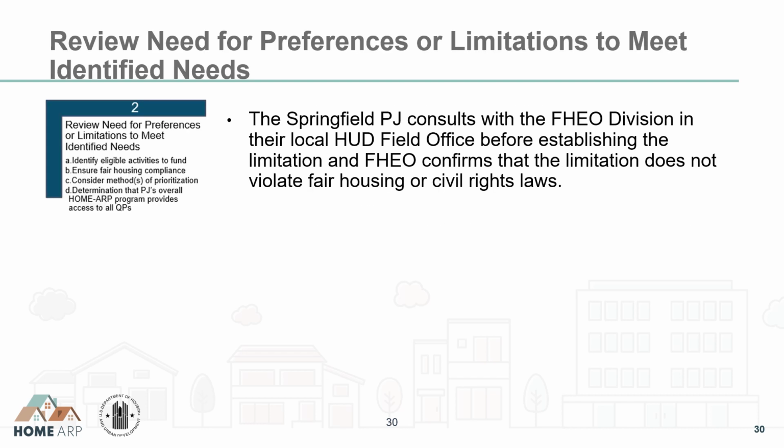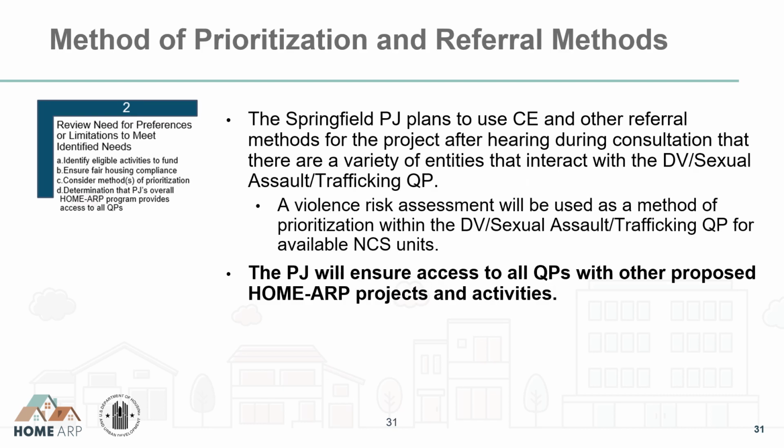The Springfield PJ consults with the Fair Housing Equal Opportunity Division in their local HUD field office before establishing the limitation, and the FHEO confirms that the limitation does not violate fair housing or civil rights laws. The Springfield PJ plans to use coordinated entry and other referral methods for the project after hearing in the consultation that there are a variety of entities that interact with the DV Sexual Assault Trafficking QP.